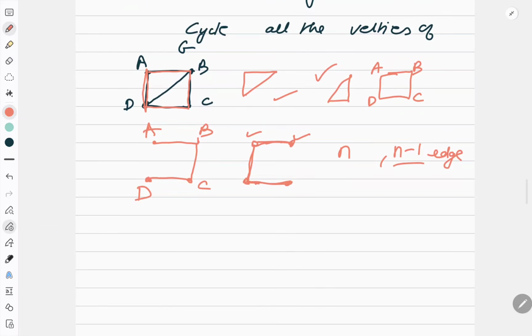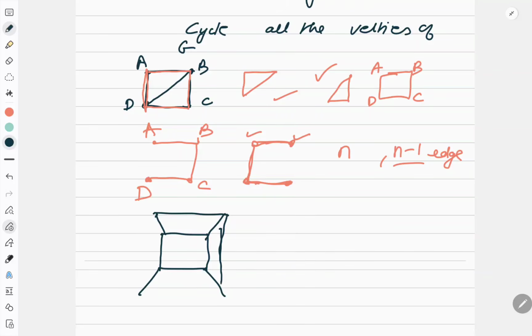Now look at this graph. We already know this graph. Now tell me the name. It is a hypercube. Why should you remember the name? Sometimes in exams they ask by the name. So it is represented by Q4 and it is a hypercube.